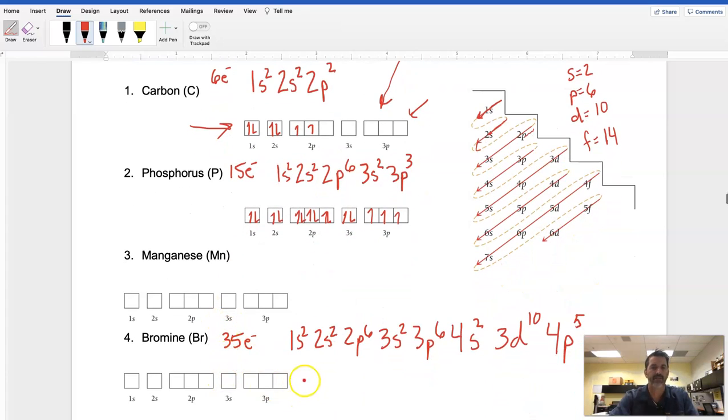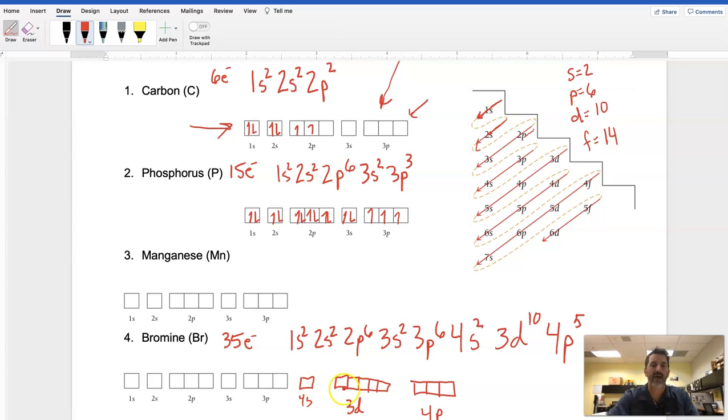Bromine, we'd have to add in some extra boxes here. We'd have to add in a 4s right here, and then a 3d. Well, d has 5 boxes, so 1, 2, 3, 4, 5. Then we would go 3d, and then the p's, there's 3 of them. This doesn't look very good, but we'll go with it. 4p.